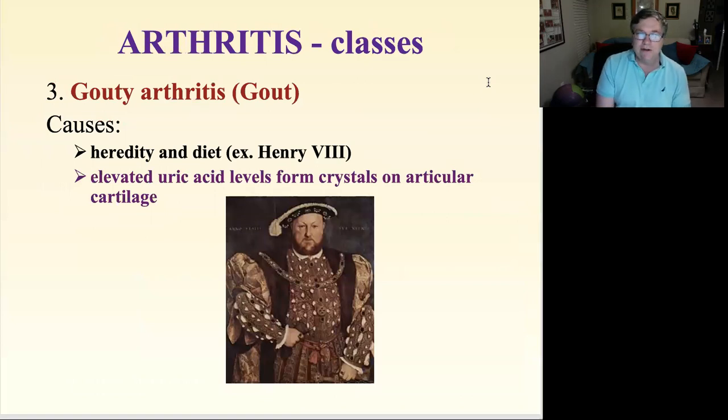Finally, we'll get to gout. So you may recognize Henry VIII here. He had gout. Gout sometimes runs in royal families in Spain and Germany and England, France. And as you probably know, many of these folks are actually related to each other. And that may include kings and queens in Denmark and Sweden.